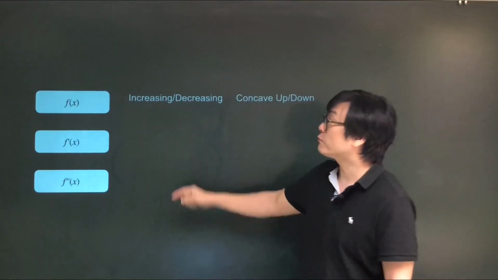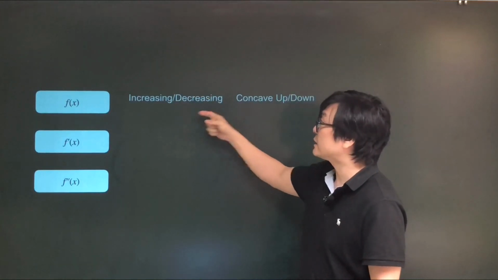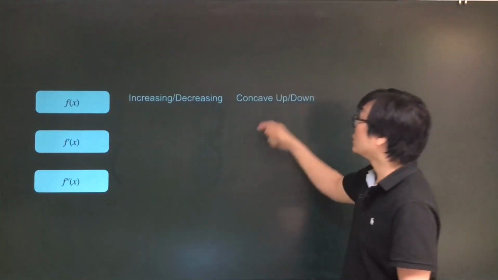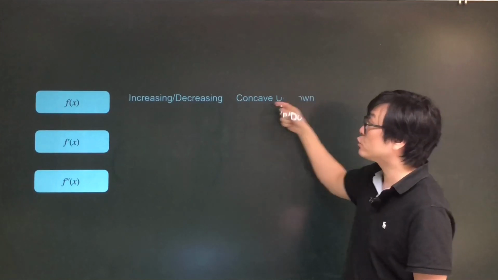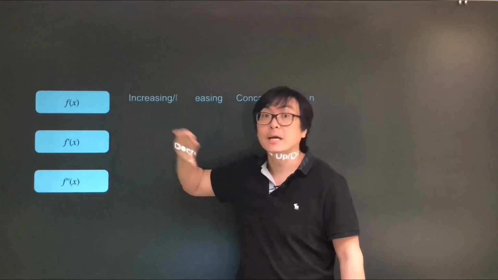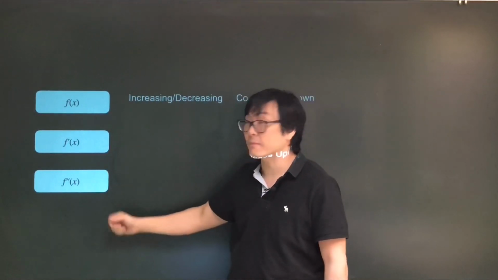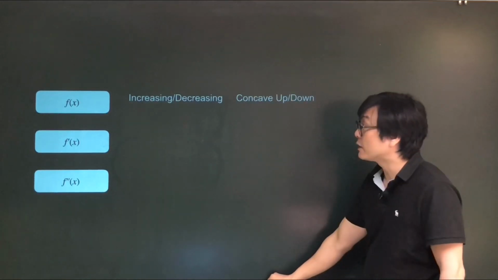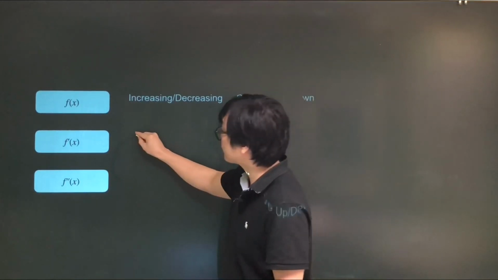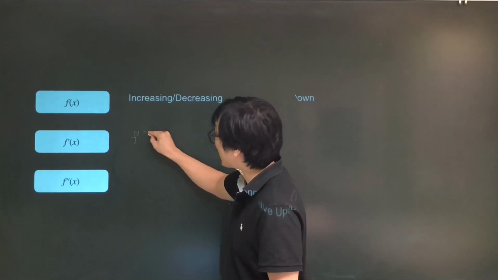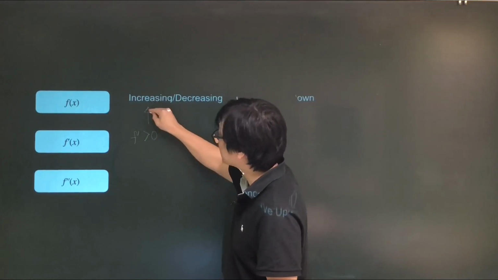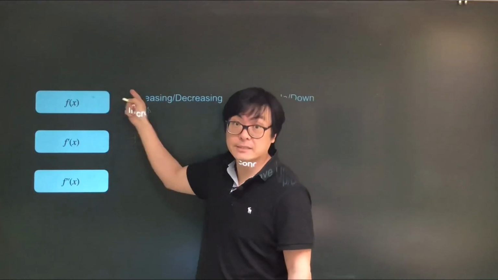We want to find out whether f of x is increasing or decreasing, or whether it has a concave up or down shape, by investigating f prime or f double prime. As we already know, if f prime is positive, then f of x is increasing.